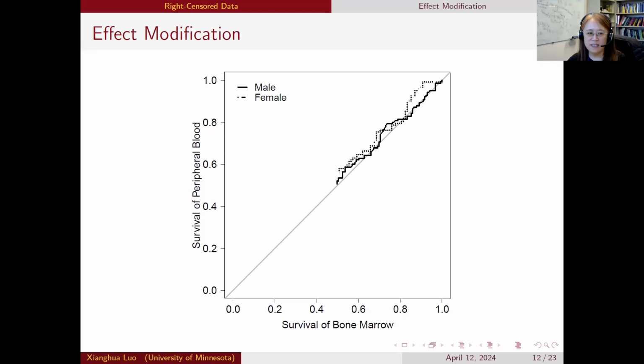So to quantify the difference, again, it's impacted by the censoring for this specific data set. If you want to use the area under the curve, or the area between the estimated curve and the diagonal line for each treatment arm, and even the area between the two subgroups' estimated curves, it's doable.